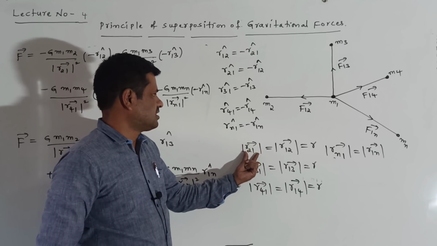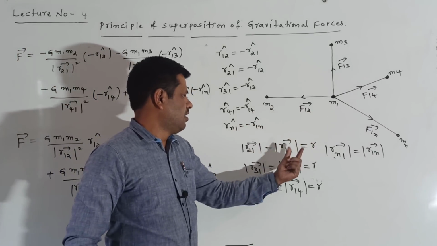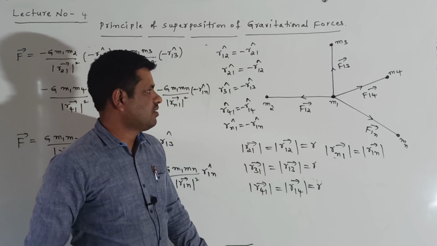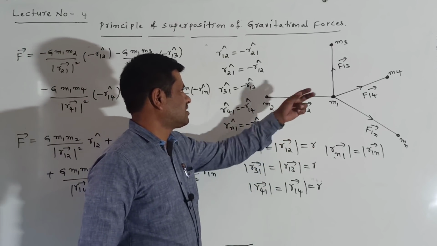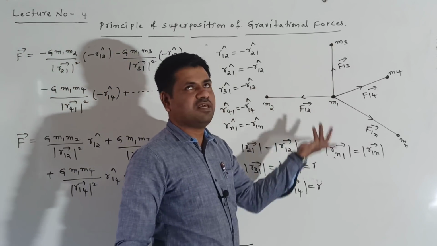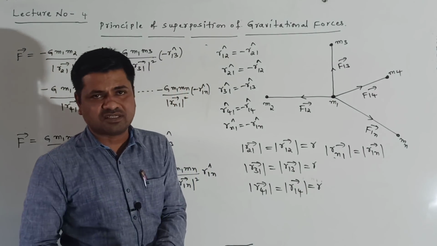R12 means the distance between M2 to M1, and R12 means the distance between M1 to M2; that distance is the same. R31 means the distance from M3 to M1, R13 means the distance from M1 to M3; that distance is the same. Mod means distance.